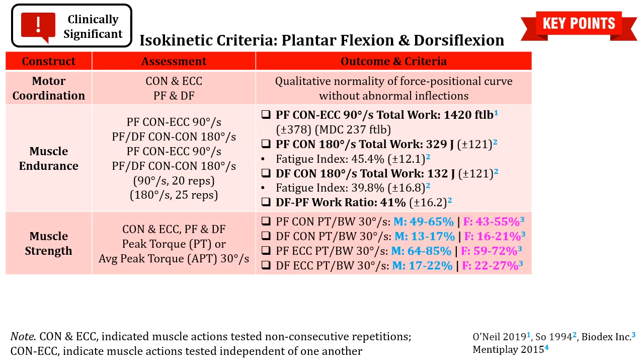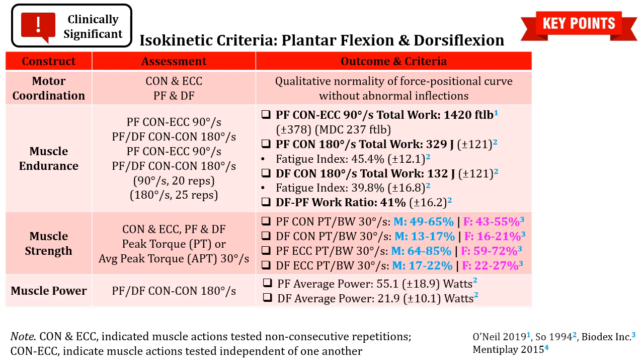There are also fatigue recommendations based off that assessment, where you're doing 30 repetitions for 180 degrees per second and 10 repetitions for the 90 degrees per second. For muscle strength, once again, it's going to be dependent upon males versus females, whether you're looking at plantar flexion concentric strength or eccentric strength, and the same thing for the dorsiflexors. And then you're also looking at muscle power. So your average muscle power is in watts for both the plantar flexion and dorsiflexion at 180 degrees per second.